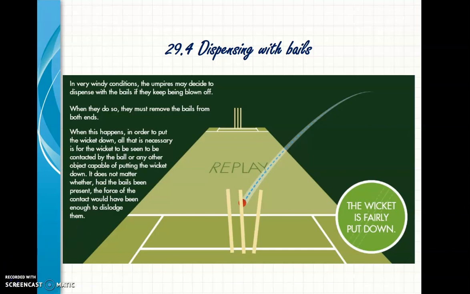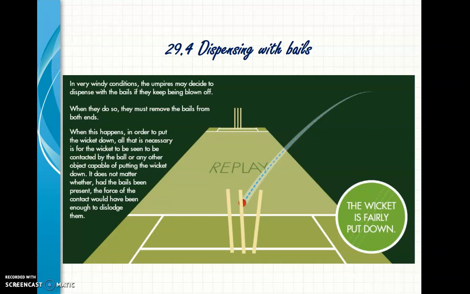Now what it says is that in very windy conditions, the umpires may decide to dispense with the bails if they keep being blown off. When they do, they must remove the bails from both ends. As I mentioned before, the condition for it as per Law 8.4 is that they have to be removed from both ends.